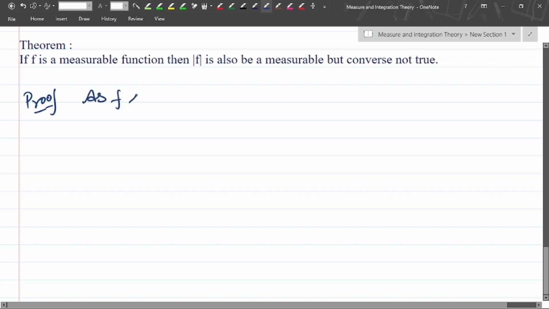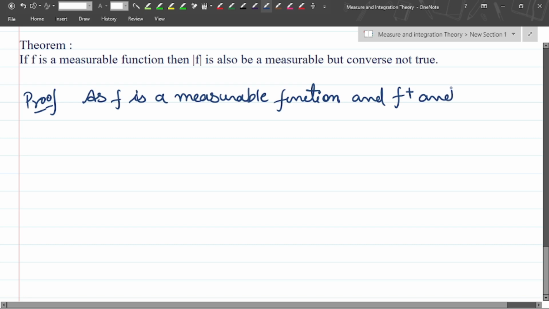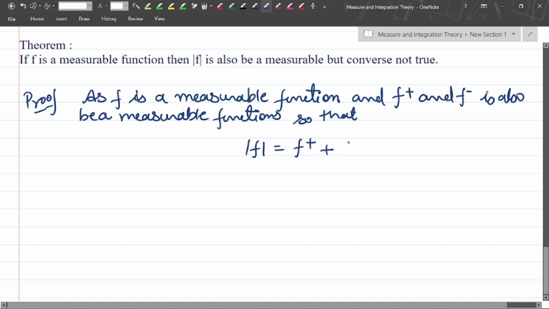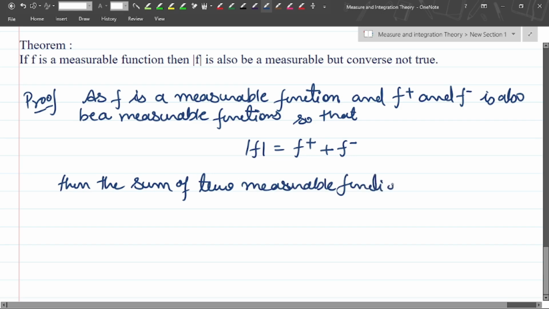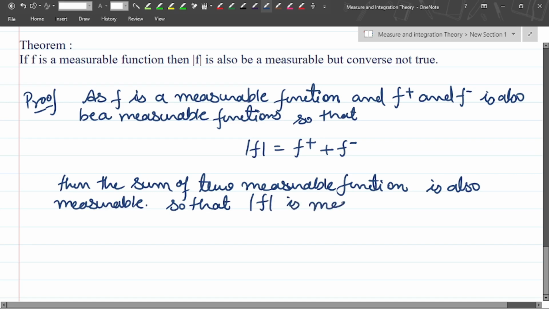As f is a measurable function, and f plus and f minus are also measurable functions, the mod f is defined as f plus plus f minus, the sum of two measurable functions, which is also measurable, so that the mod of f is a measurable function.